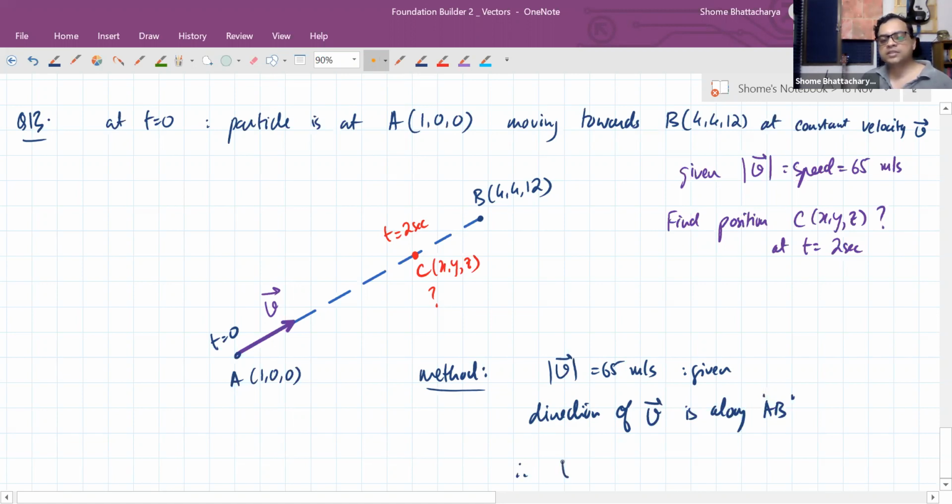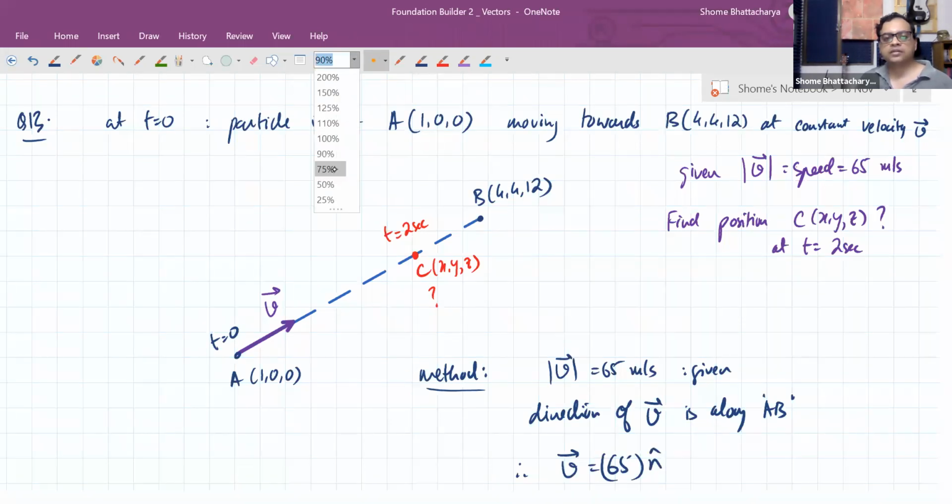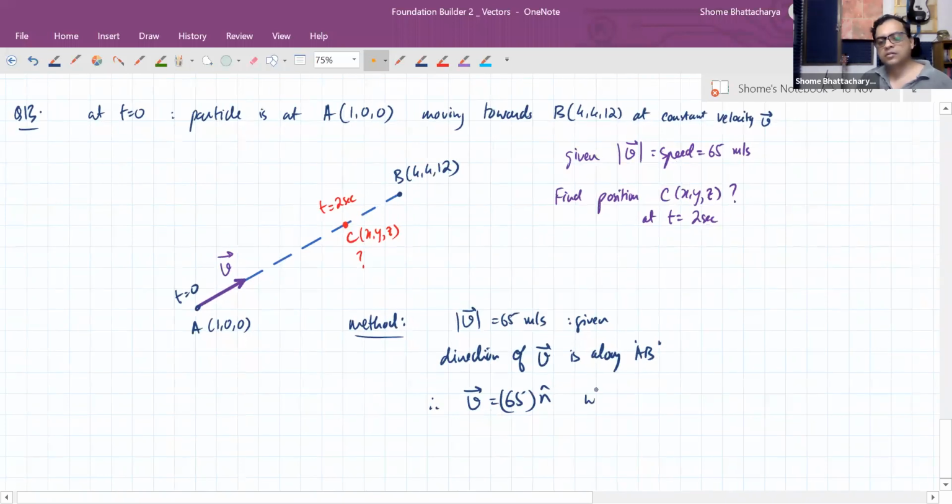Therefore, we can express velocity as 65 into n cap, okay, where n cap is the unit vector along the line AB.